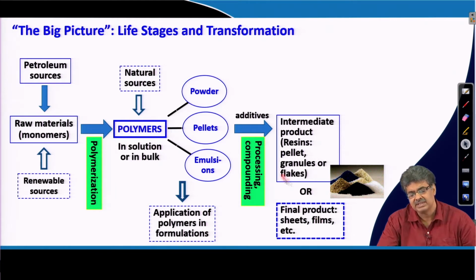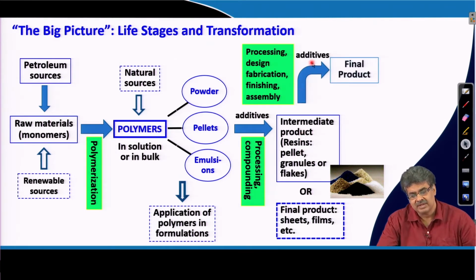Once we are ready with this intermediate product, then these are taken for further processing. In this step, we can add additives and do processing which is called designing, fabrication, finishing to get the final product. Now, in the laboratory, we do not actually make the final product; these are done in commercial lines.